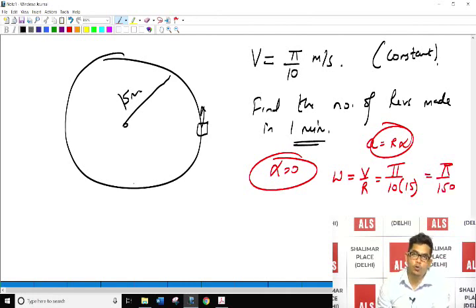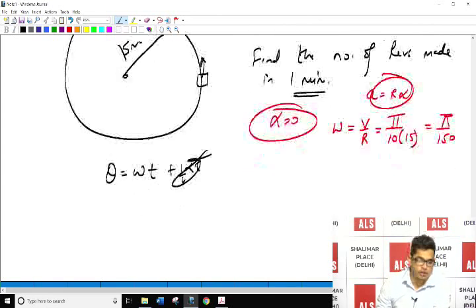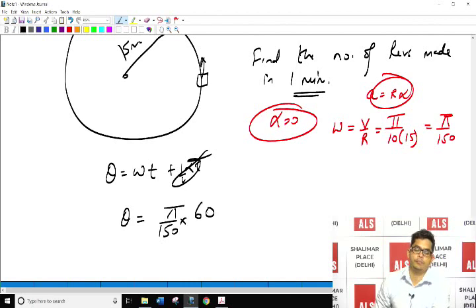Now what is the total angle covered? Theta is equal to omega into t, because alpha is 0, so the remaining term, half alpha t square, is 0. So theta is omega, which is pi by 150, into time. Time is 60, since 1 minute is 60 seconds.